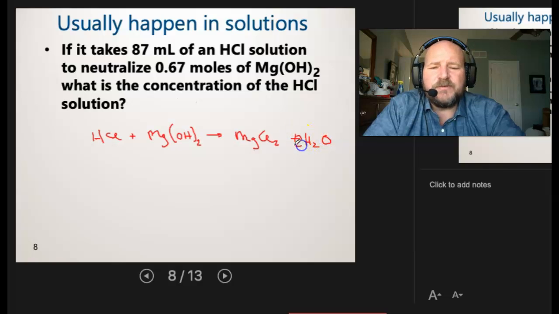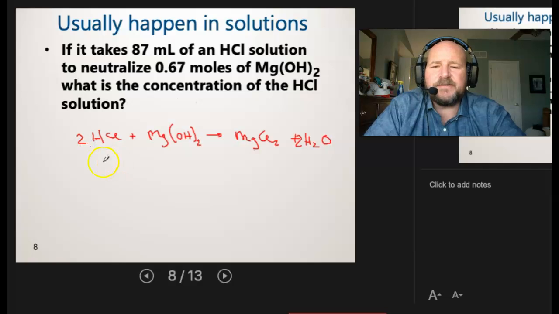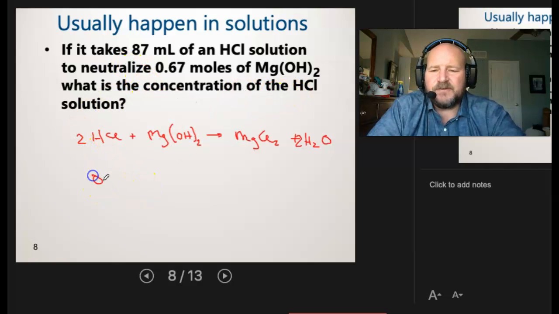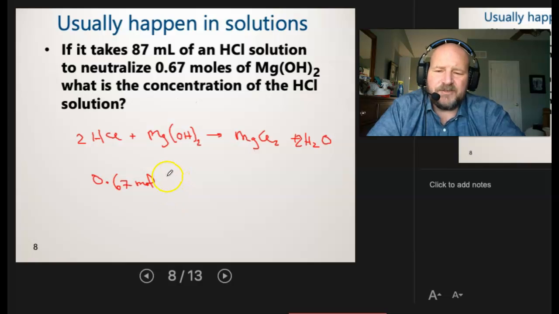And of course, we'll make 2 waters. We'll need 2 HCl's. Now, here we're looking for the concentration of the HCl. So we're going to start with 0.67 moles of the magnesium hydroxide. That'll be 1 mole magnesium hydroxide, 2 moles of HCl.